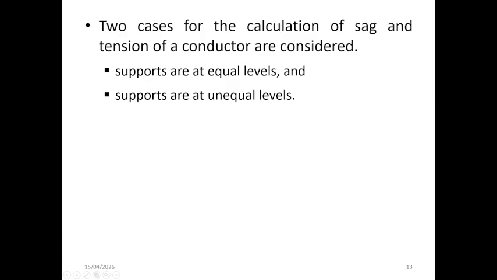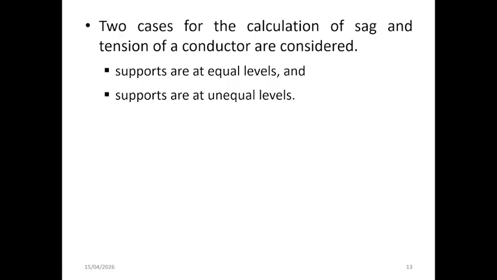Okay, in the analysis of overhead transmission lines, the calculation of sag and tension in a conductor is typically divided into two main cases based on the relative height of the supporting structures. The first case considers supports that are at equal levels, where the conductor forms a symmetrical curve and the sag is identical on both sides of the lowest point, making the analysis relatively straightforward.